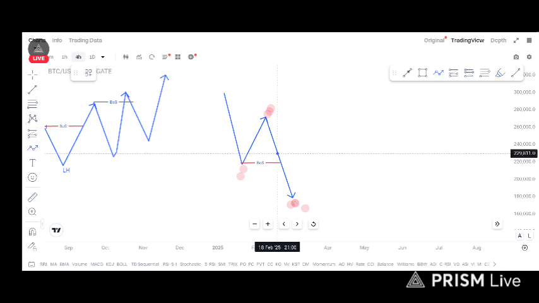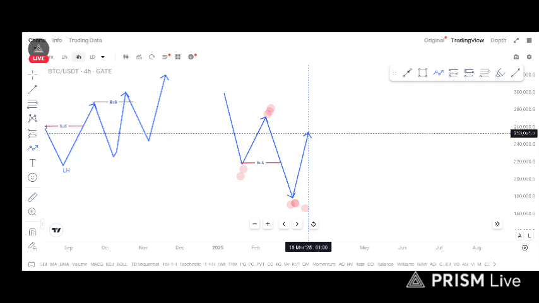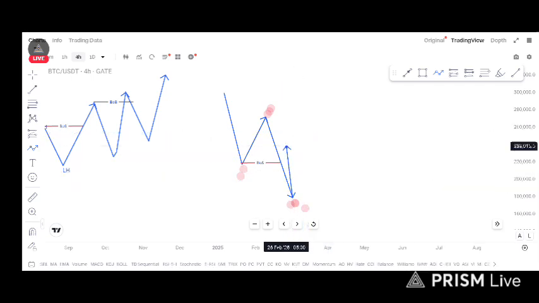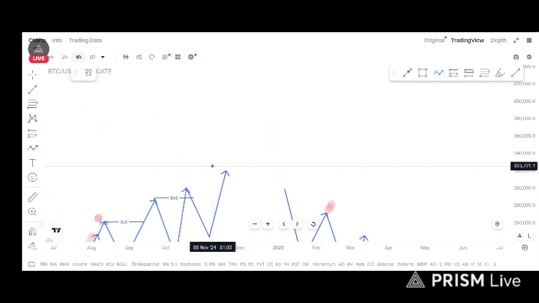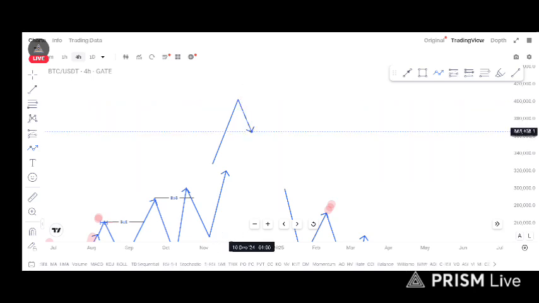Now market gave us this low, and now pulled back. Remember in an uptrend, this is the continuation, this is the pullback.